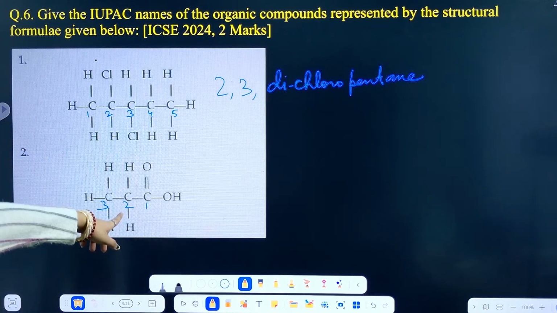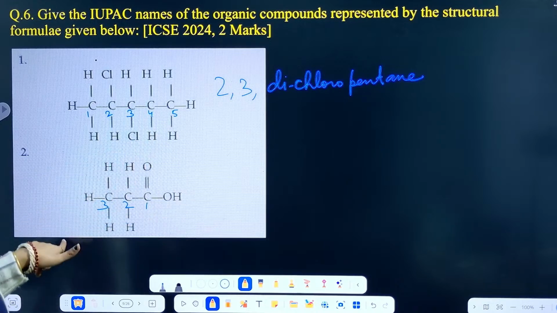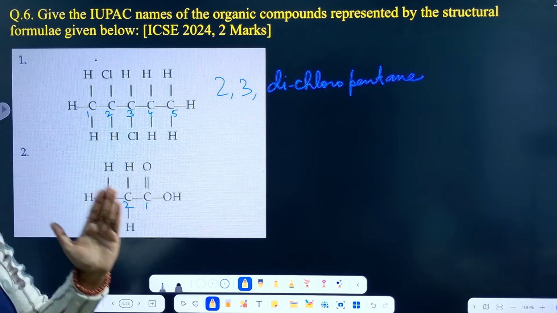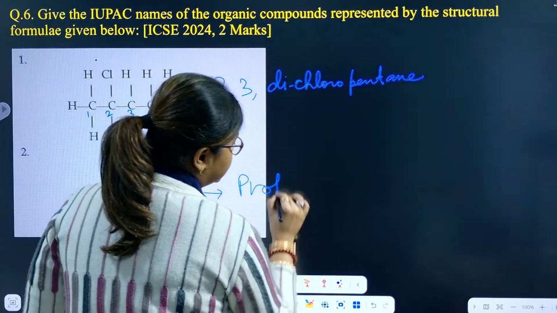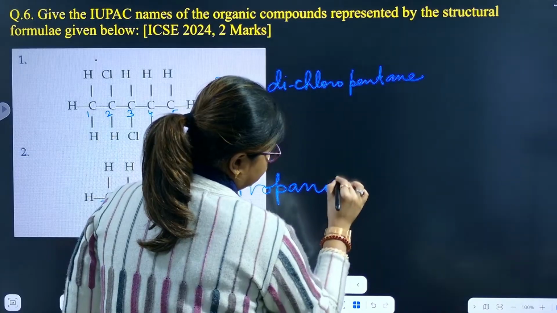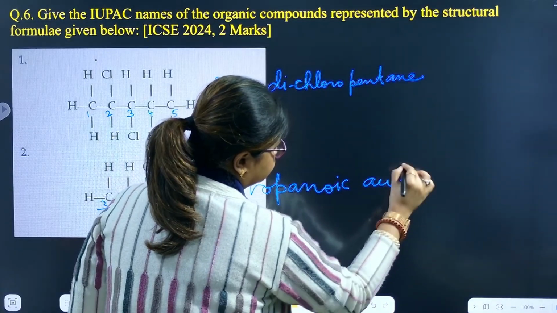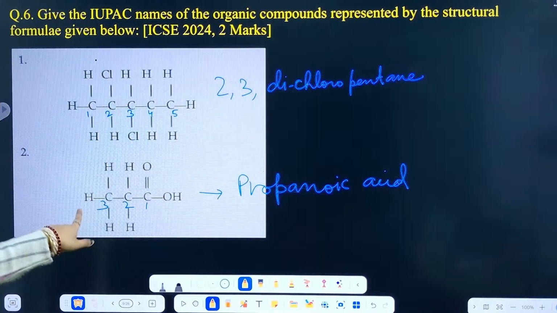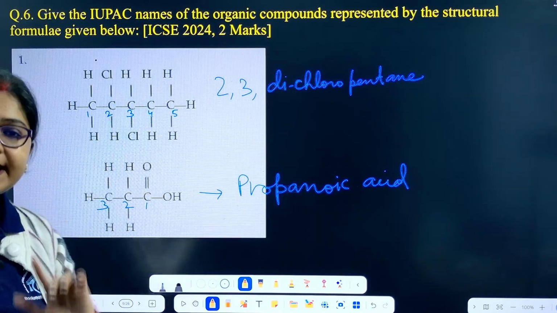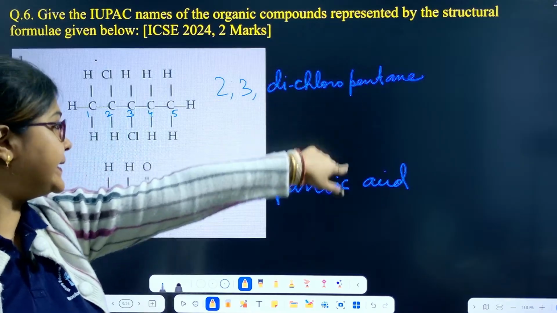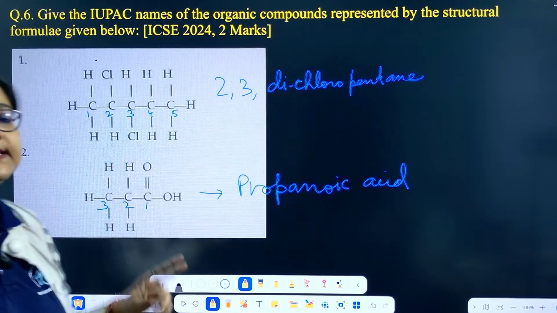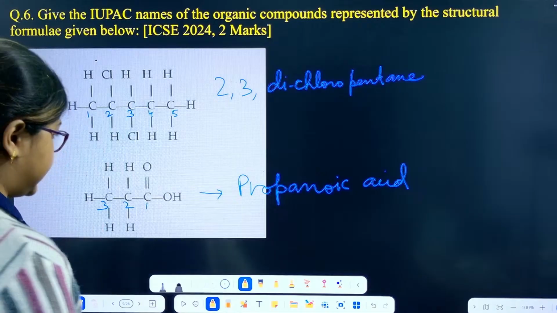One position you have acid, 3 carbon atoms. So methane, ethane, propane, that means this is propanoic acid. So the first one is 2, 3 dichloropentane and the second one is propanoic acid.